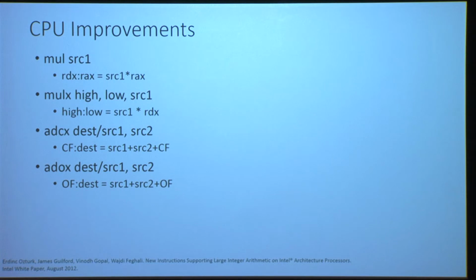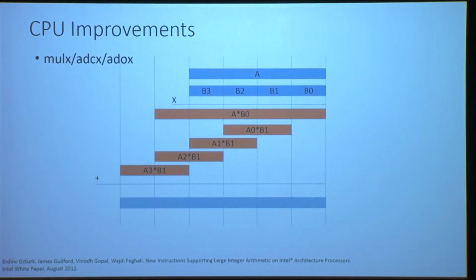So with this approach, now we have two carry flags. With those two carry flags, now these carry chains can happen in parallel, which increases the performance of multiplication a lot. So before these instructions, the CPU was not suitable for large integer arithmetic, but these ones sped up the CPU for large integer arithmetic.